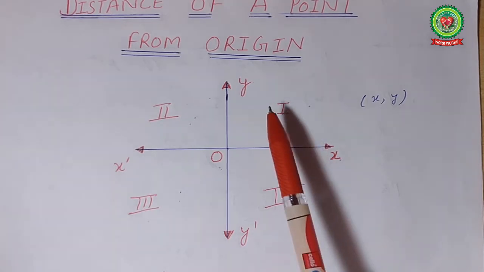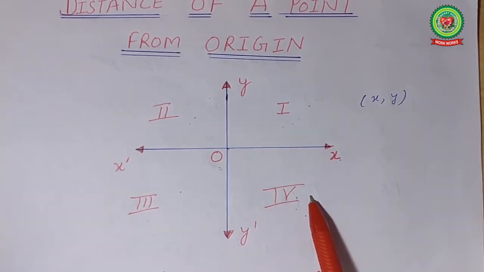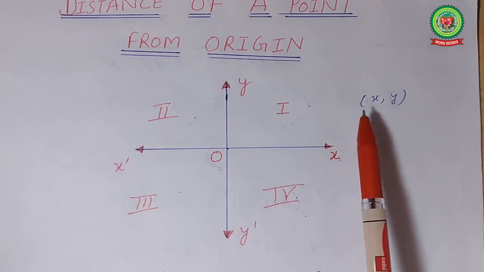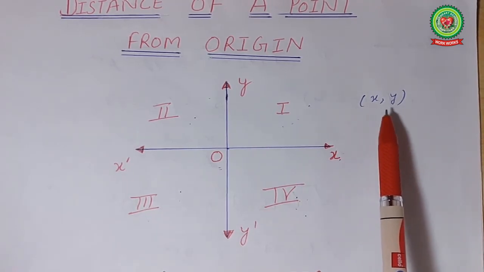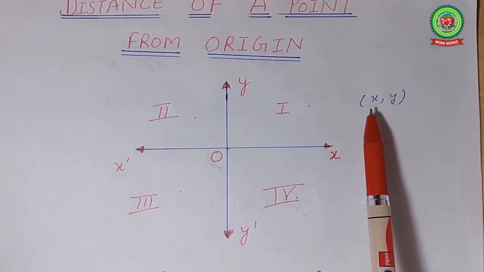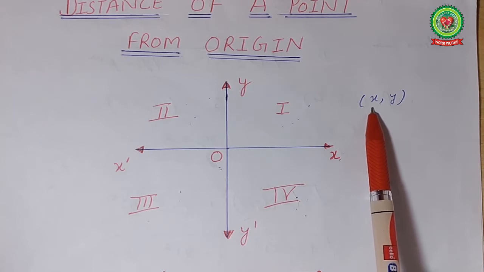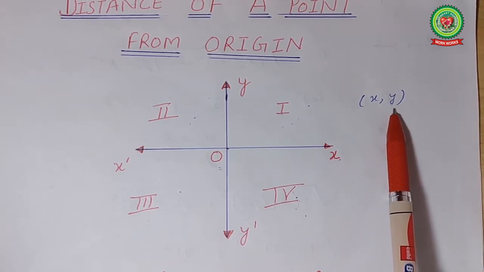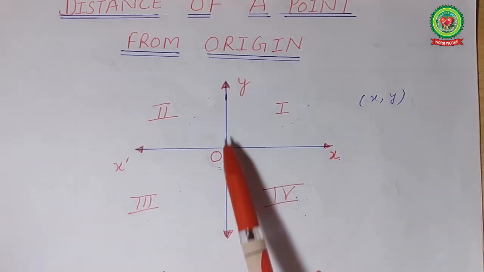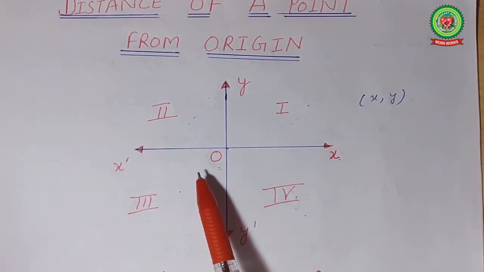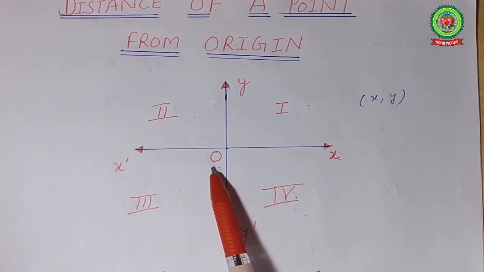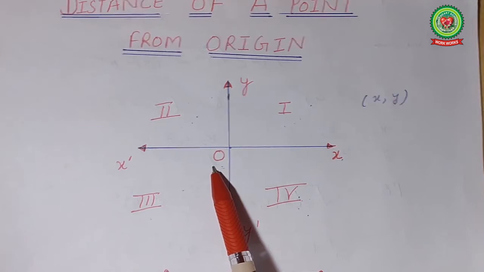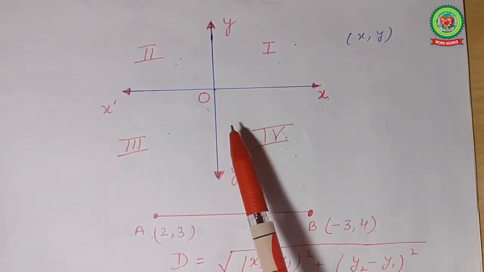A point lying in any of these quadrants is represented as x, y. The first digit is for x and the second for y. When these 2 axes intersect at a point O, O is called the origin.